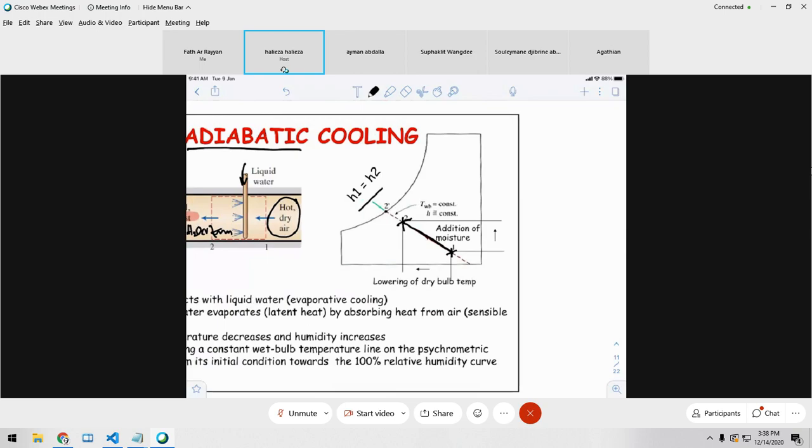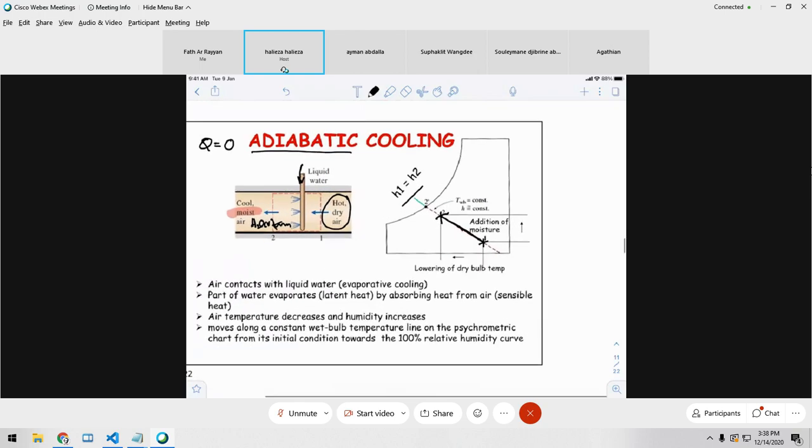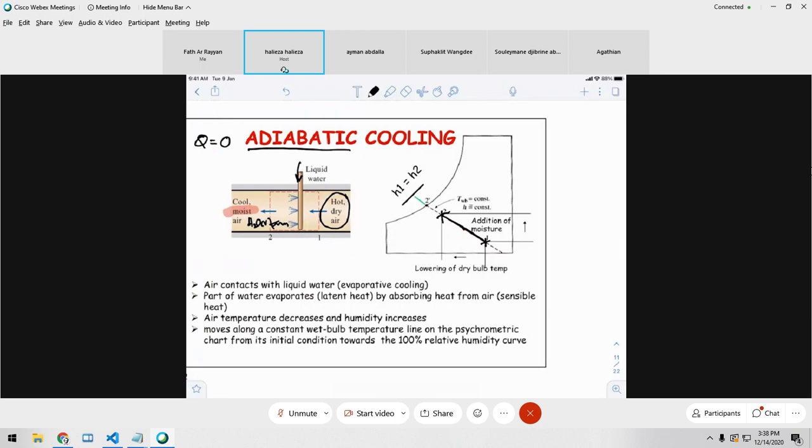So when you're dealing with adiabatic cooling, you have to move it along the wet bulb line or the enthalpy line. This is the enthalpy line. It's the same as the wet bulb line. If it's not exactly on that line, then get a parallel line to it.